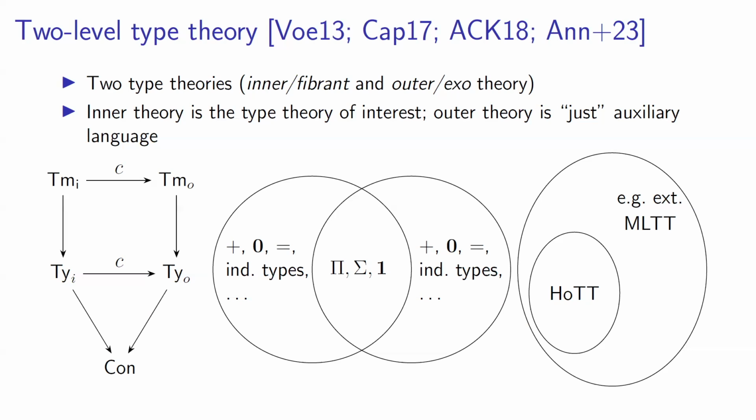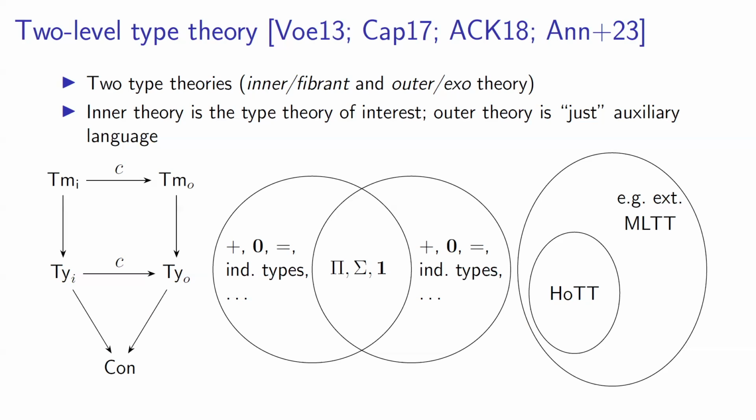Then there's a second level, also contexts, types, and terms, but maybe different types and terms, which forms the outer layer. These two type theories are connected by a conversion functor C, and the condition is that this diagram commutes.